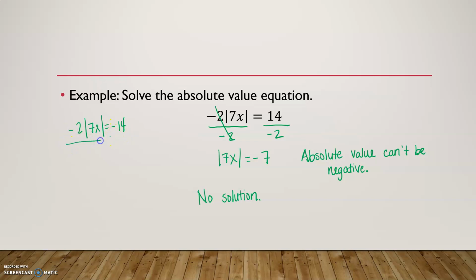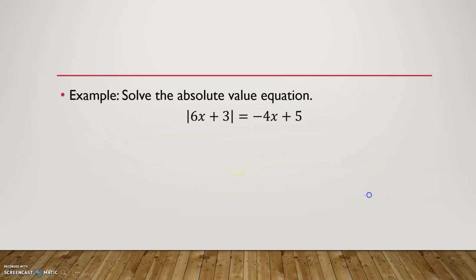Because if we divide both sides by negative 2, we actually end up with a positive 7. And now my absolute value bars equal a positive number. So this one we could solve, but this one we can't because our absolute value bars equal a negative.